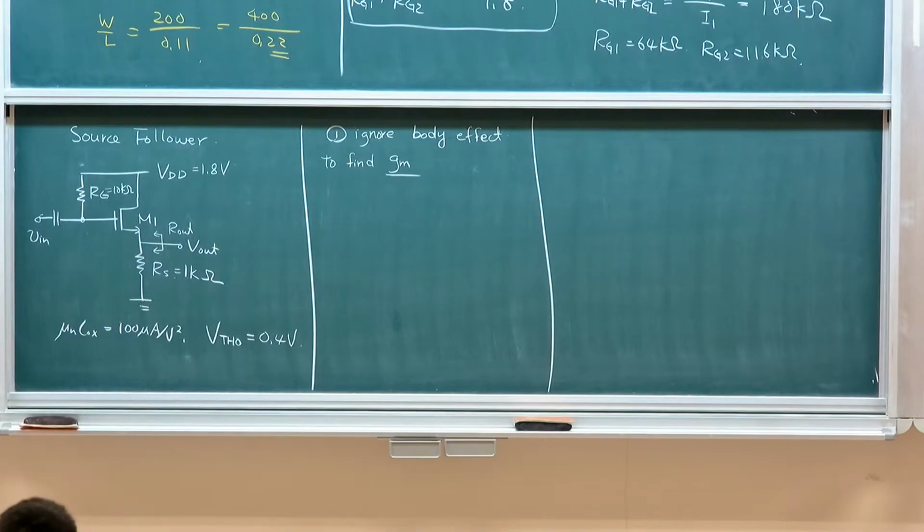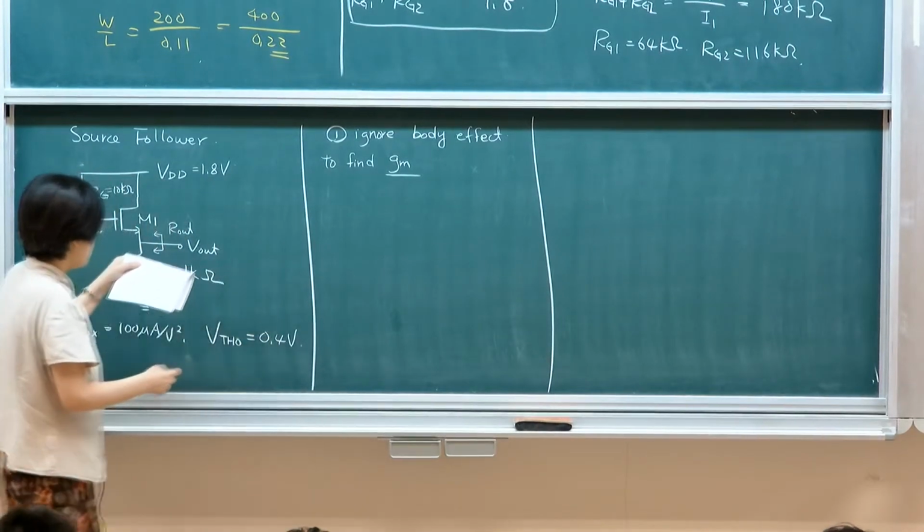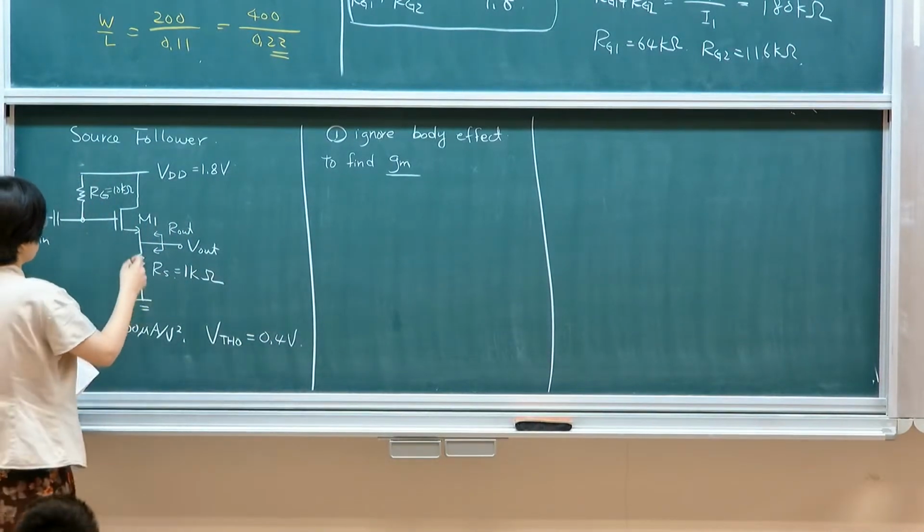Therefore, gm will determine the characteristic of this source follower, the key performance factor of the source follower circuit. So let me use the yellow. So when you ignore body effect, first of all, we need to find out what is its, oh, sorry.